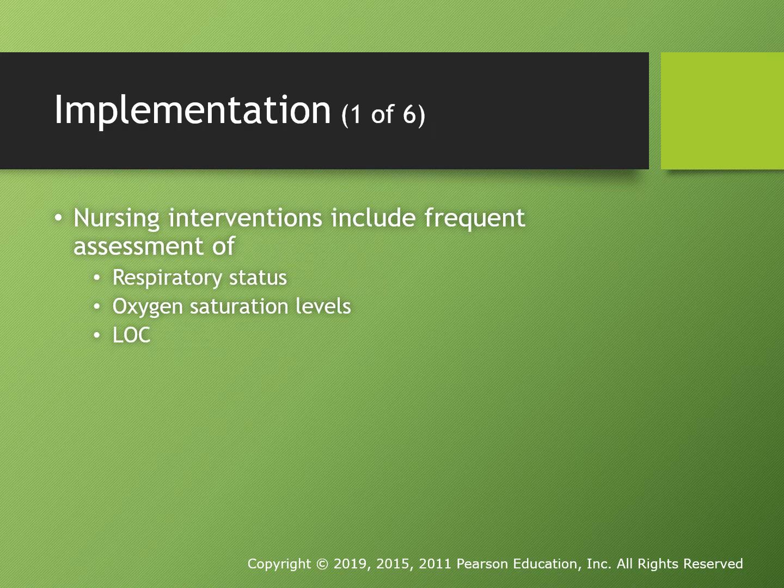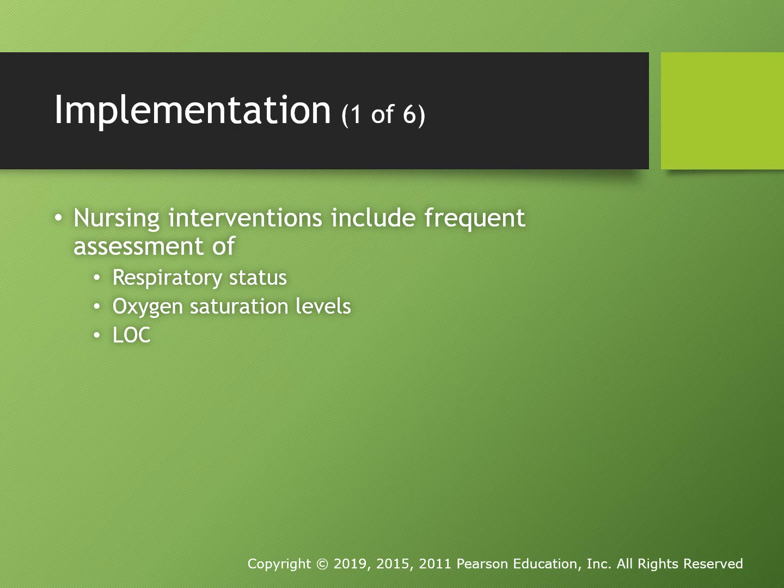Implementation. Frequently assess respiratory status, including the rate, depth, effort, and oxygen saturation levels. Decreasing respiratory rate and effort along with decreasing oxygen saturation levels may signal worsening respiratory failure and respiratory acidosis.